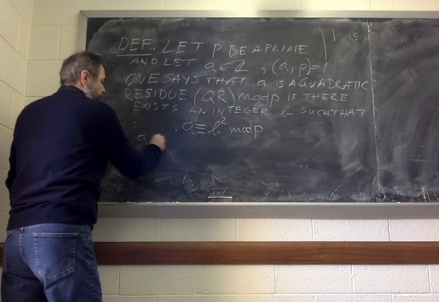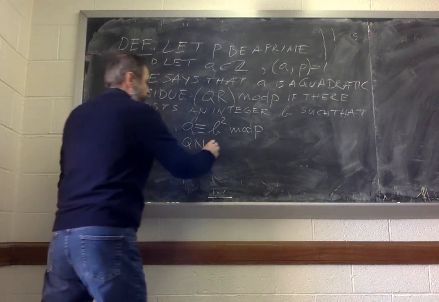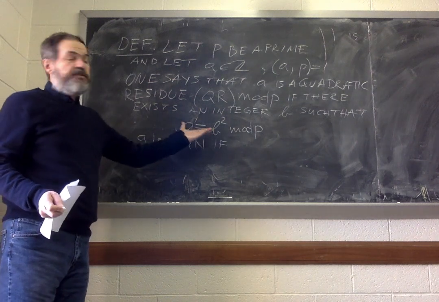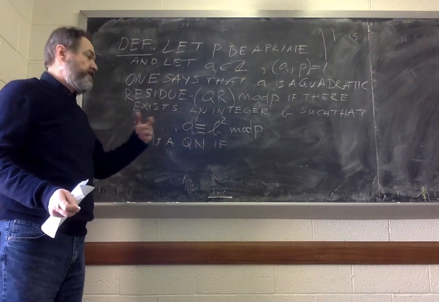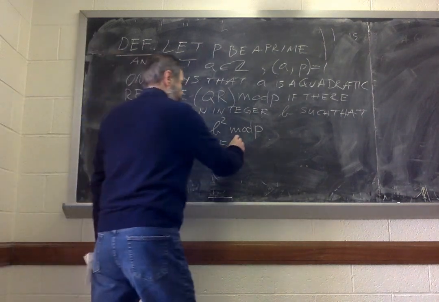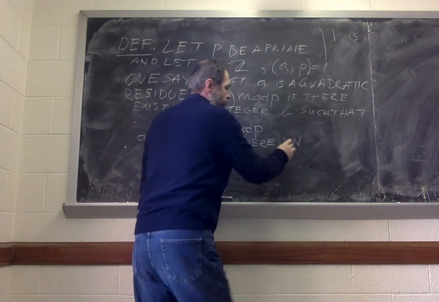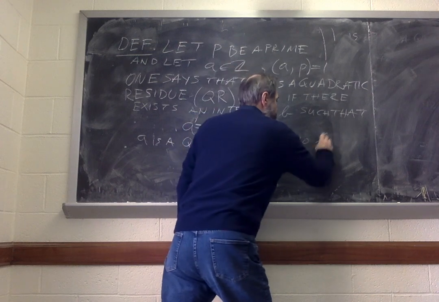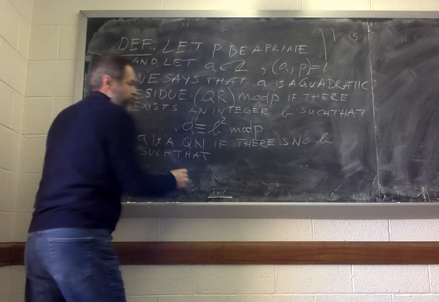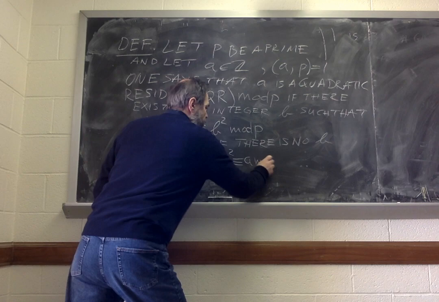So we say a is a quadratic non-residue if this congruence does not have any solution, in the sense that there is no integer b such that b squared is congruent to a mod p.